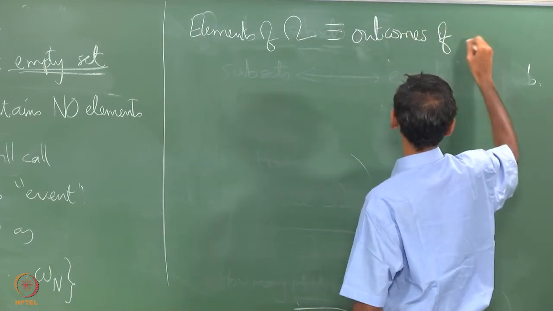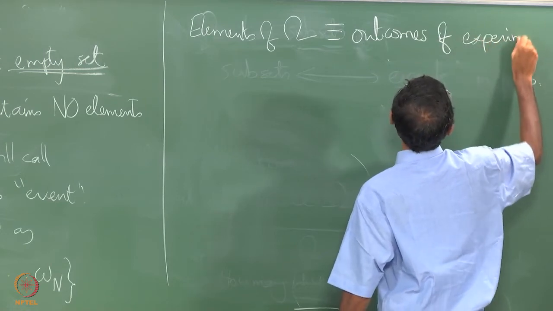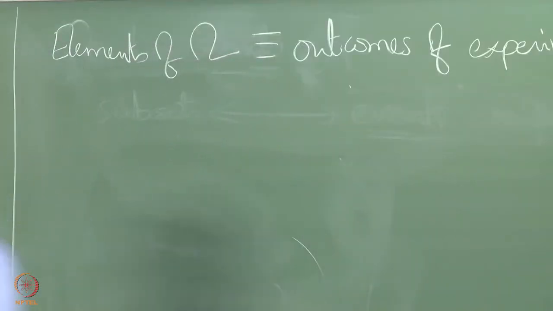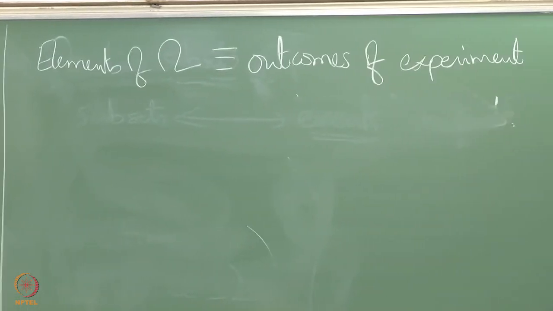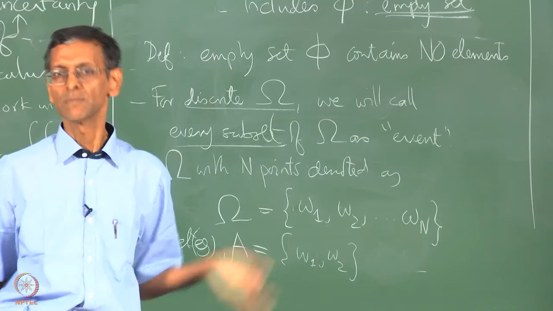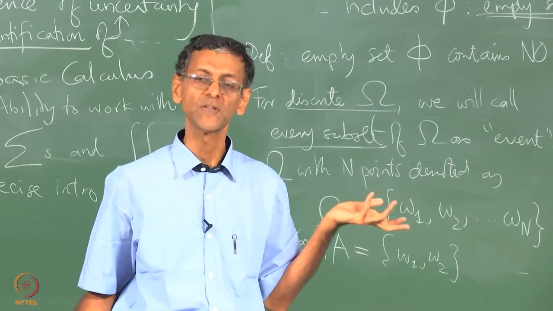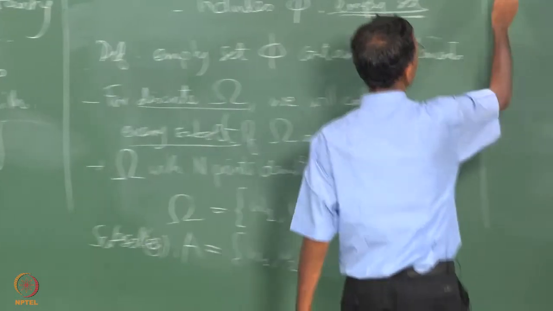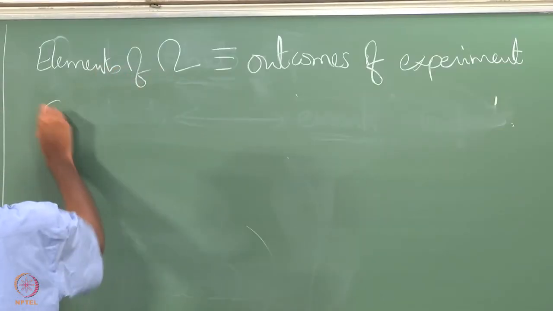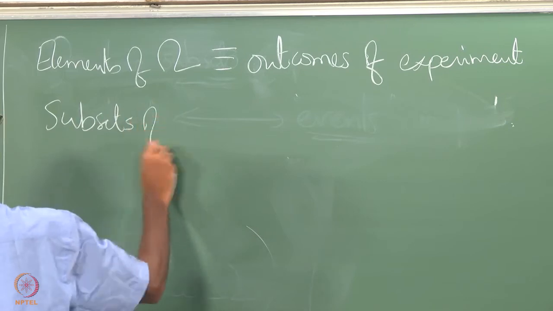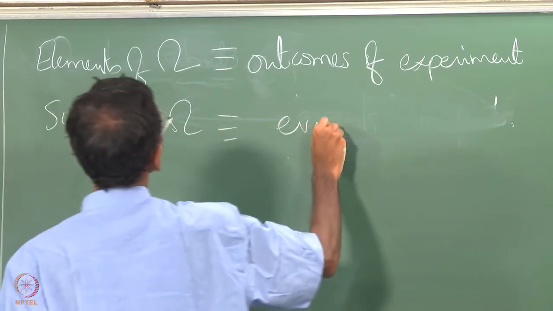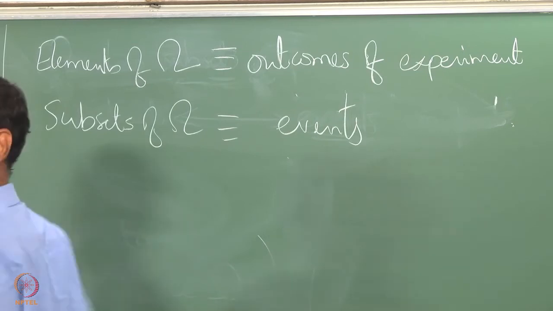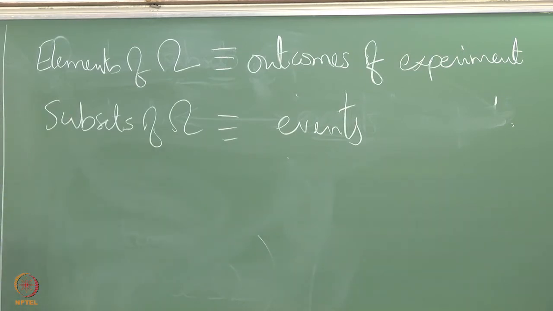Whenever you talk about an outcome, remember it is the basic observation you are making which you include in omega. So the elements of omega are the same as the outcomes of the experiment, and subsets of omega are events. This is like a compilation of some terms.